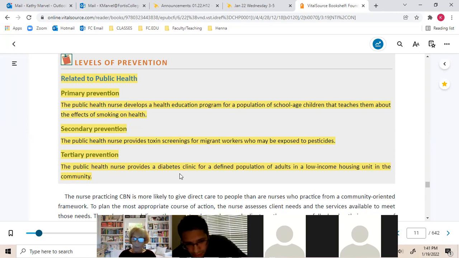So now we're helping them manage it. Could be a stroke patient recovering from a stroke. Here is an example: the public health nurse provides a diabetes clinic for a defined population in low-income housing. This group already has diabetes, so they're trying to have a clinic to help them manage it better.